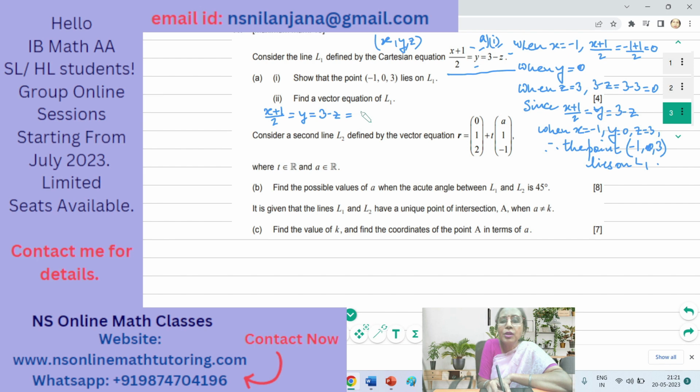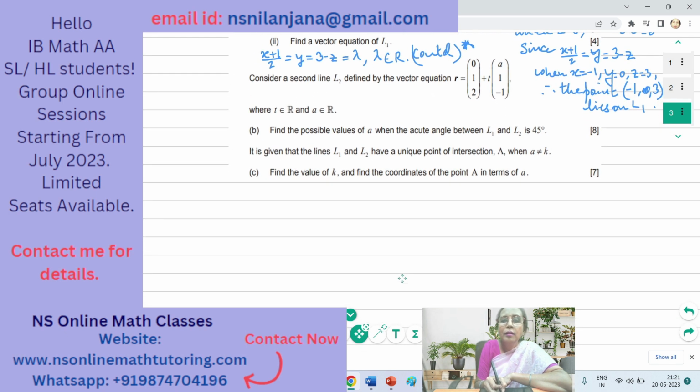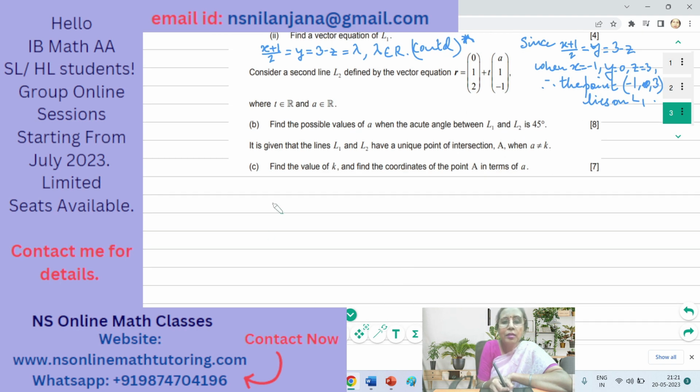Let this be equal to some parameter lambda. Lambda is a real number. Okay. And now I should be continuing down because I don't have any more space. So I come to this point over here. This is AII continued.